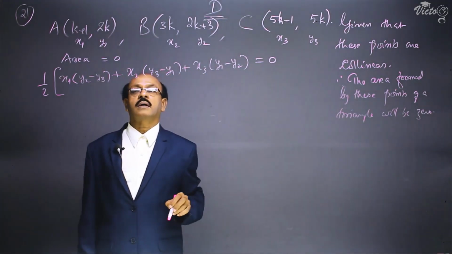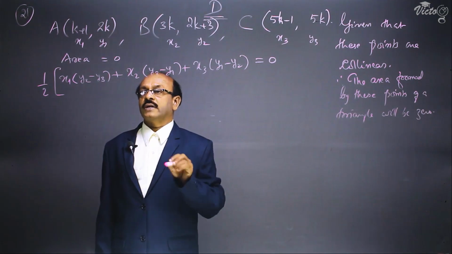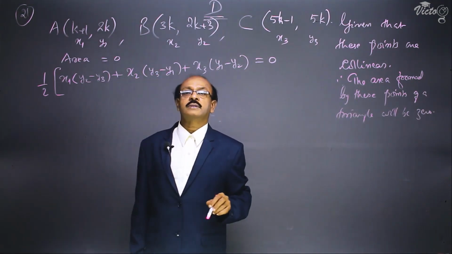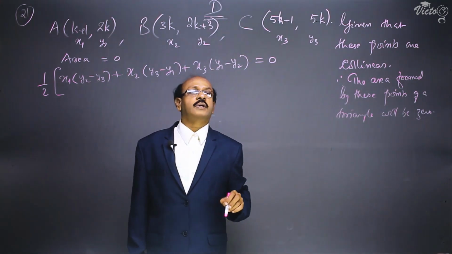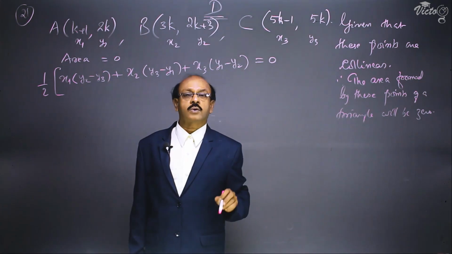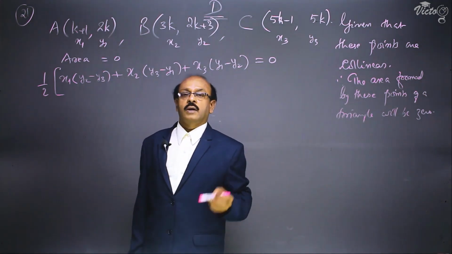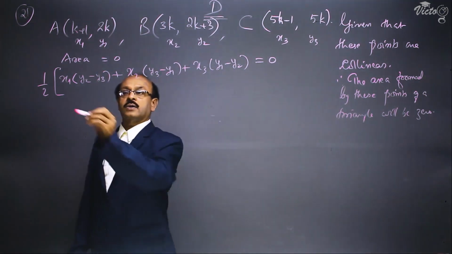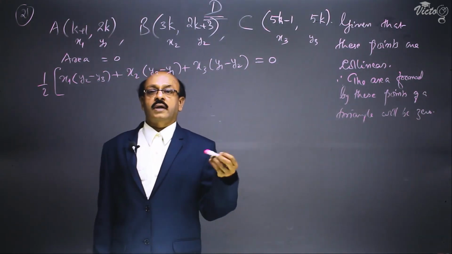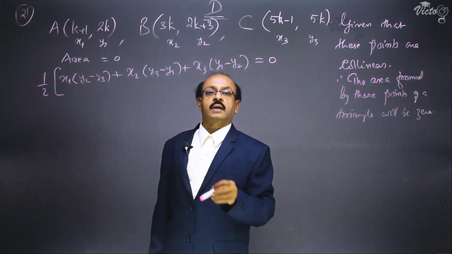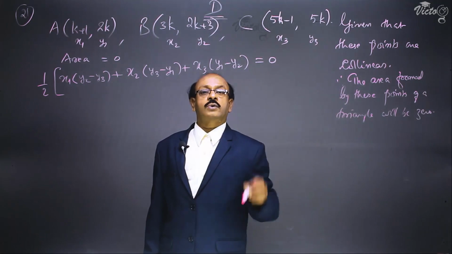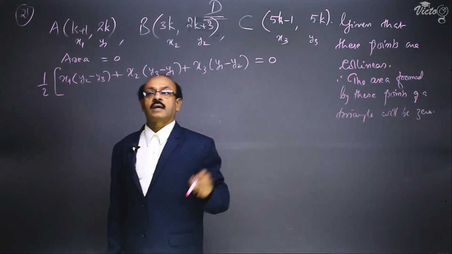Since the points are collinear, area is equal to 0. On cross multiplying, 2 into 0 is equal to 0, so in the next step there is no need of writing 1 by 2, because it gets cancelled.